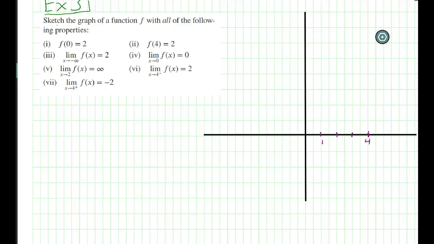Okay, so we have something that looks kind of like this. This is just the axes. Anyways, f of 0 is 2. Let's say that that is right here.